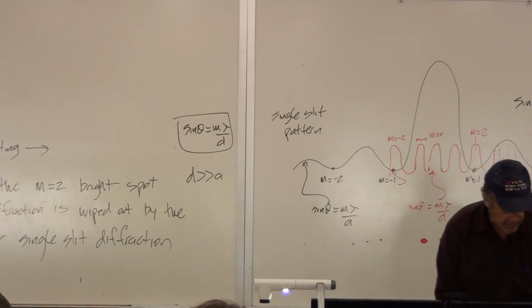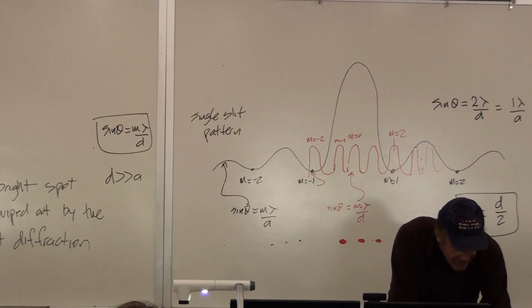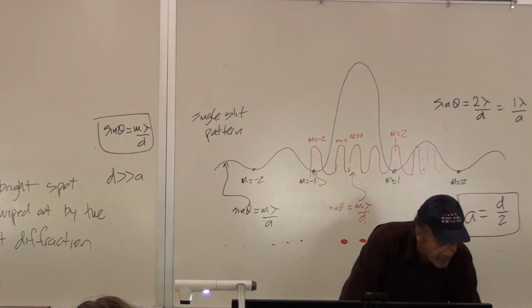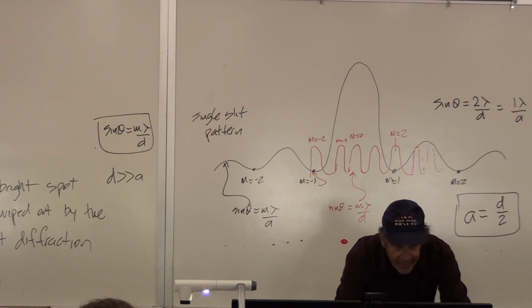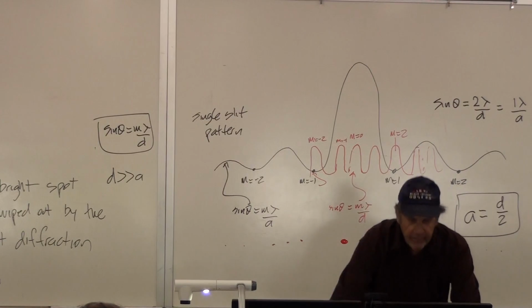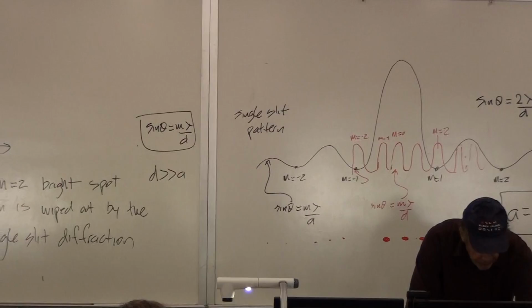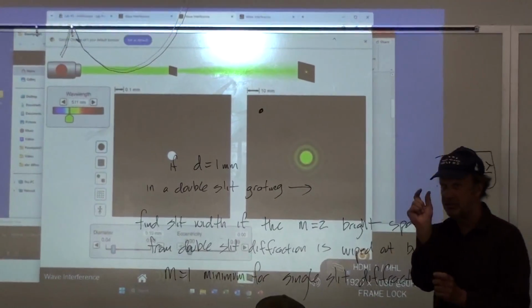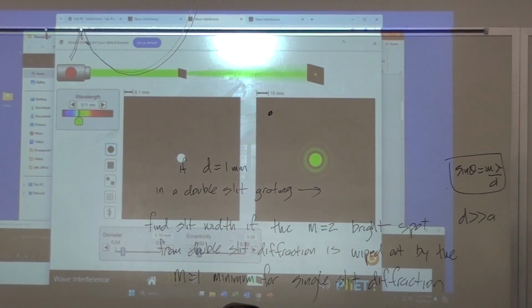Okay, so that's our single slit. What about, I know this question is coming, what about diffraction around a circular aperture? That's the next thing. Okay, now instead of having an aperture that's just a one-dimensional slit, what if this were a circular aperture?